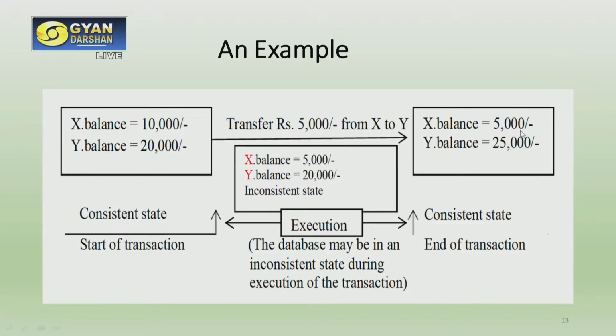Okay, this transaction has not yet committed, so roll back. Bring the transaction back. Suppose 5,000 was written into the database, it will be brought to 10,000 once again, right? But if the transaction has committed, then the state should be brought to 5,000 and 25,000. So this is in a sense what we call the durability property.